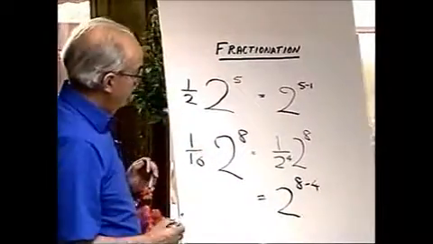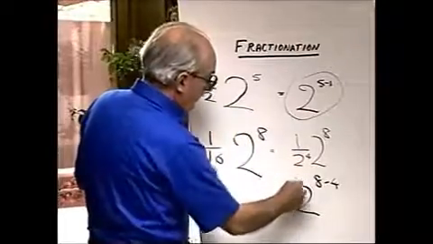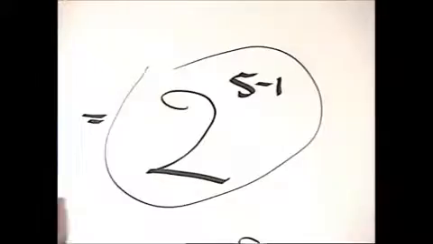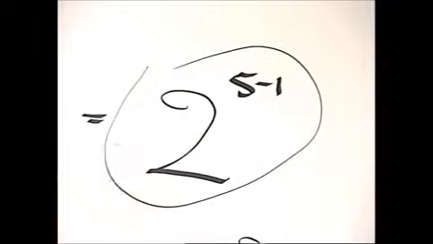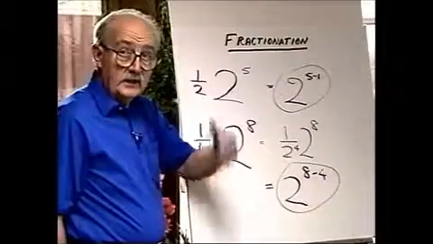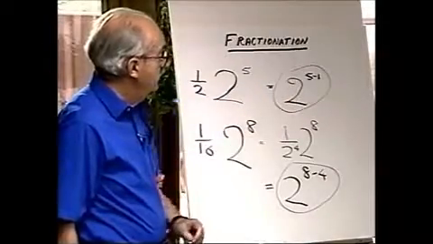This characterization, the 2 to the 5 minus 1, the 2 to the 8 minus 4, is a nice characterization of these designs, because this 5 is telling you that there are 5 factors, and the minus 1 is telling you that it's a half fraction of a 5-factor design.